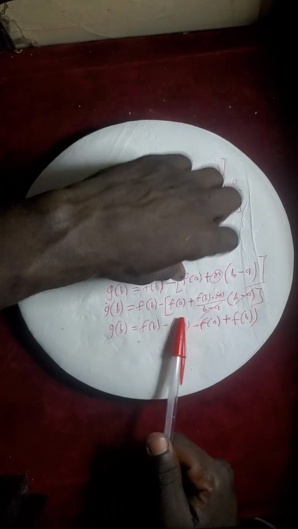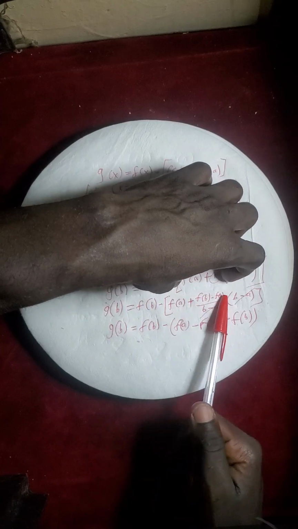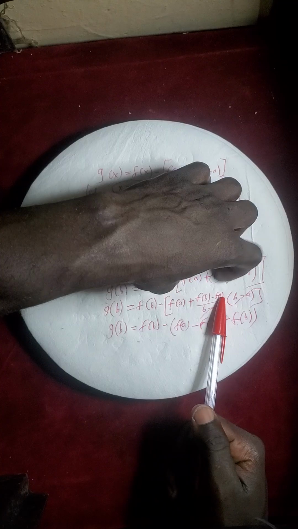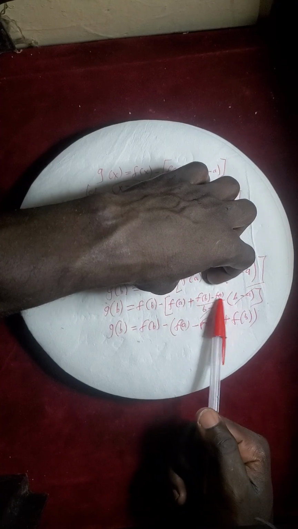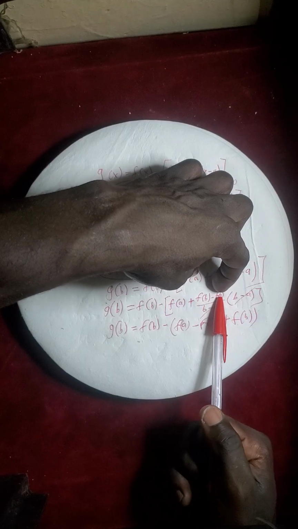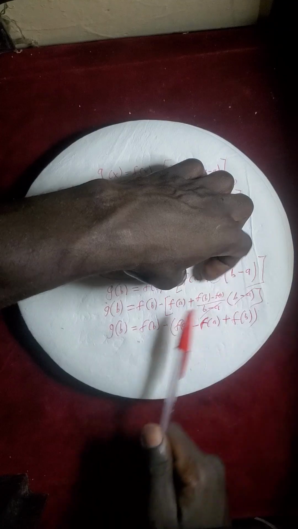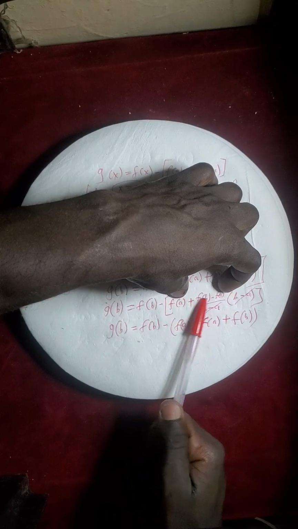So what have I done inside? This thing is gone, this one is gone. I've just rearranged here: f of a plus f of b minus f of a. I've just put this minus to start here, and this f of a, I've put it here. Instead of writing f of b, I've written the last one.